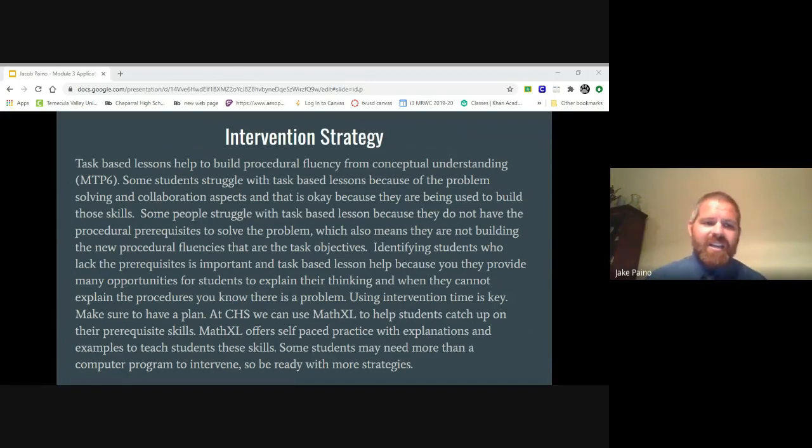So I get assigned that section in Math Excel, and kids can get more practice at writing equations in slope-intercept form. If the computer is not enough, you will have to design other lessons to help work one-on-one. But Math Excel is a great way to get kids caught up on their gaps.